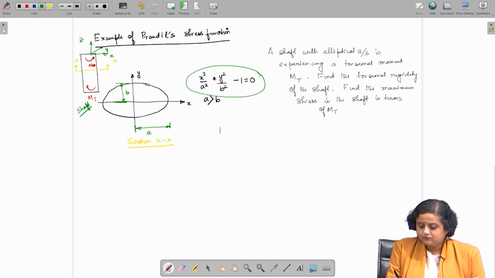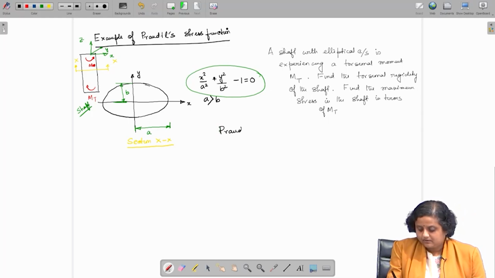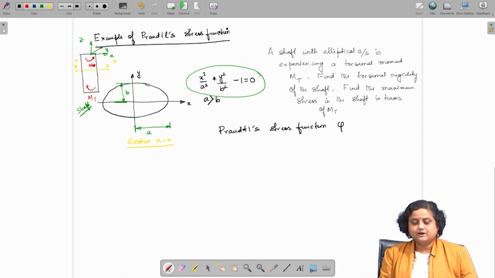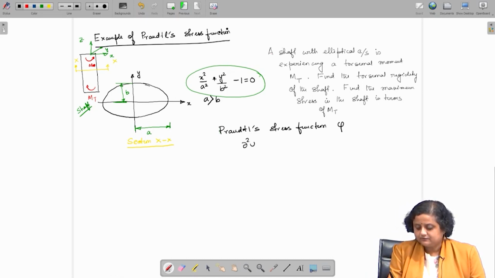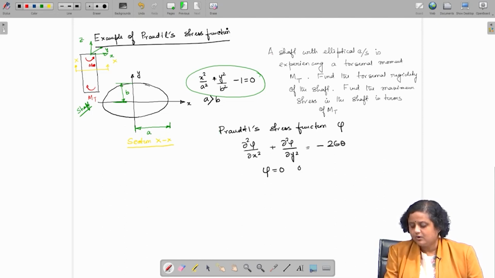We need to find the Prandtl stress function. The criteria on the Prandtl stress function is that it needs to satisfy this expression, and phi needs to be 0 on the boundary.